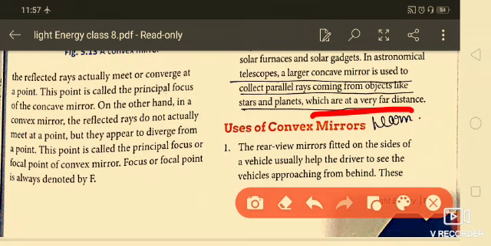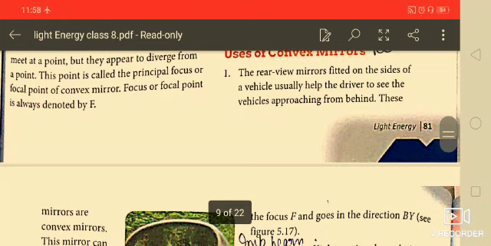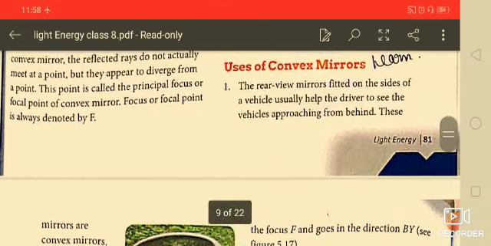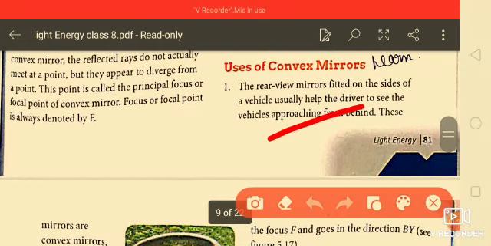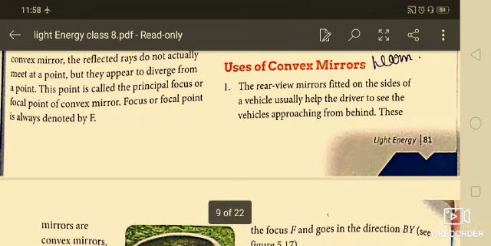Next one is uses of convex mirrors. The rear-view mirrors fitted on the sides of vehicles help the driver to see the vehicles approaching from behind. The side mirrors of cars are convex mirrors. Okay.